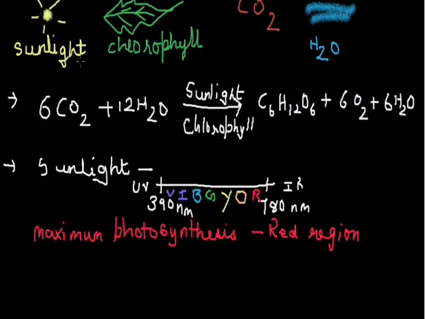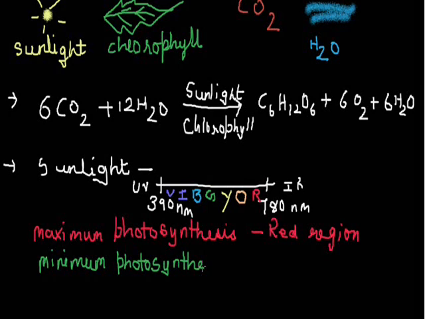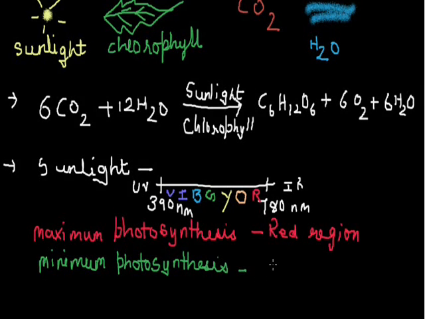There is photosynthesis in the blue region, but minimum photosynthesis occurs in the green region, because most of the green light is reflected by the green plants. So there are chances of very less photosynthesis to occur.